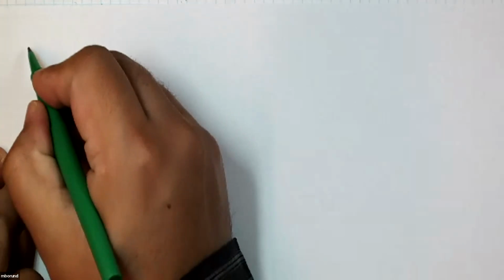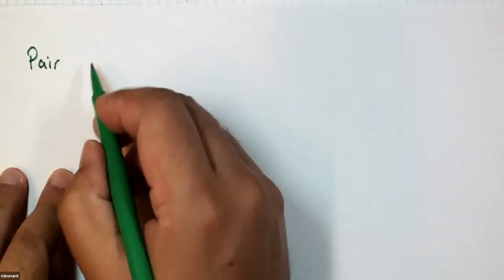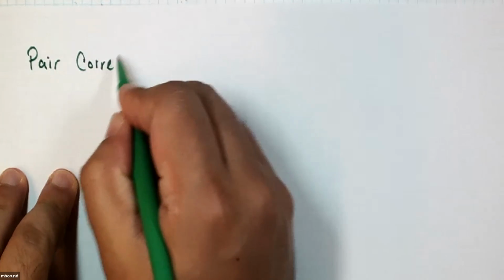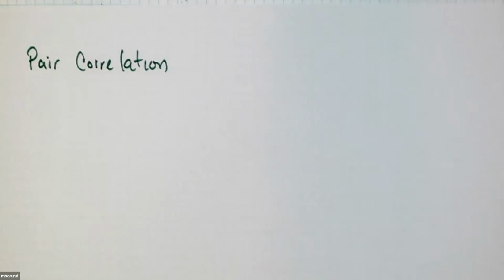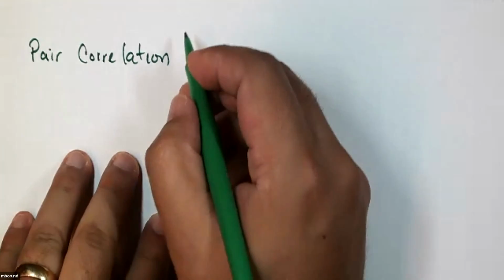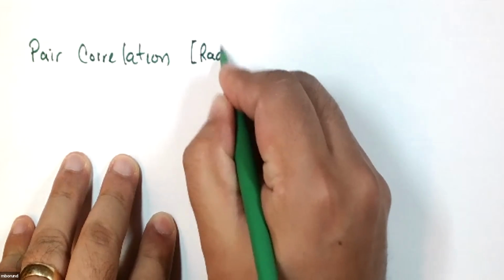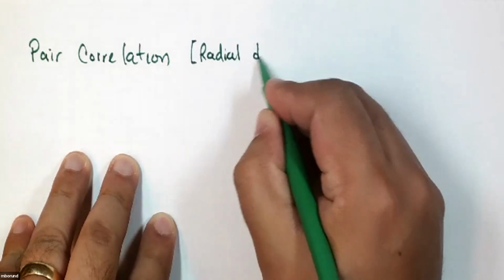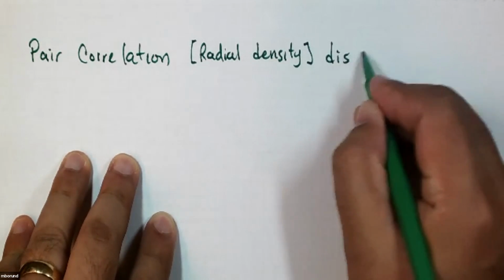It's really important. Sometimes it's called the pair correlation. And other times it's called the radial density distribution.